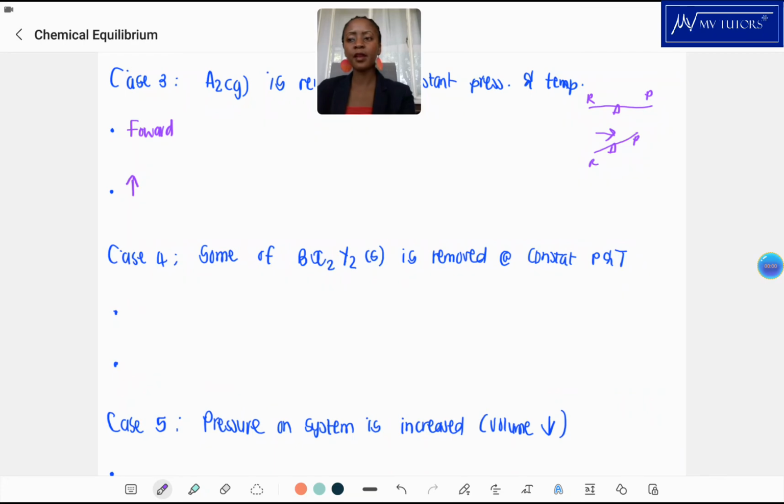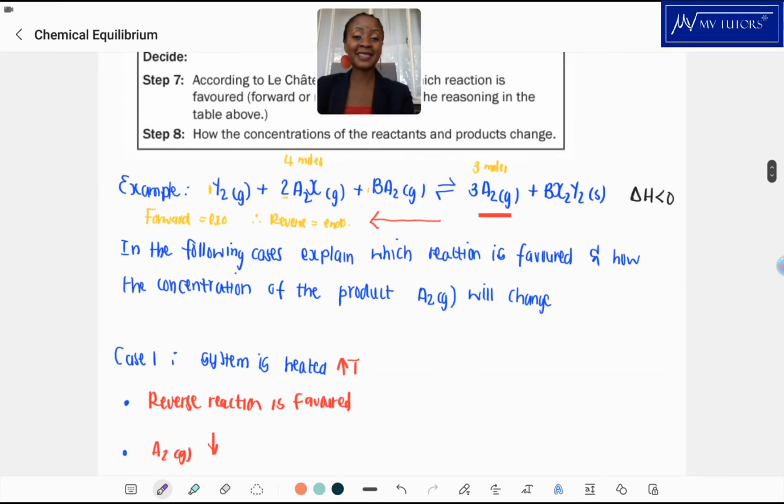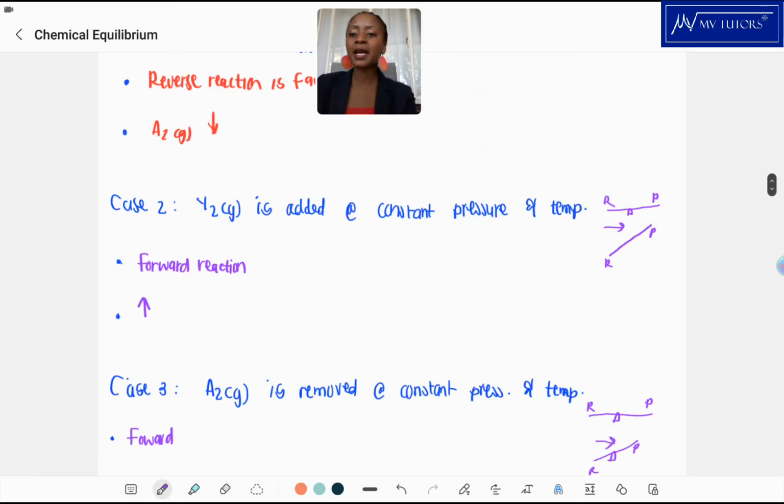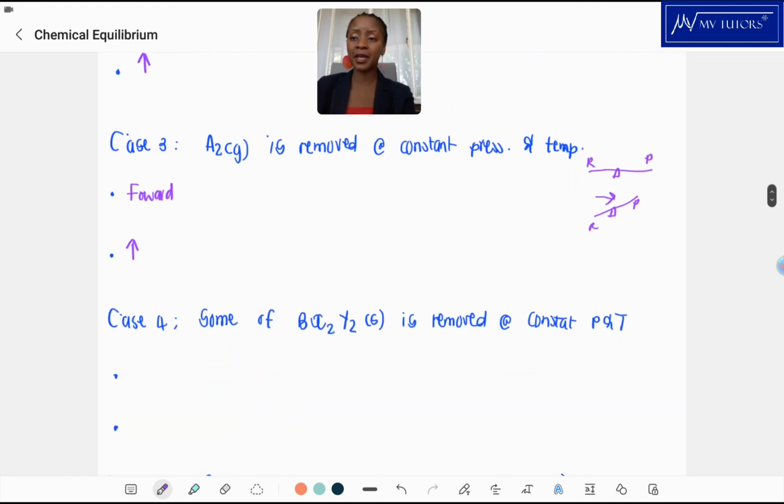Okay, case 4. Some of the BX2Y2, the solid, is removed at constant pressure and temperature. This is part of our products, but it is a solid. When it comes to solids as well as liquids, they don't really change the equilibrium shift.